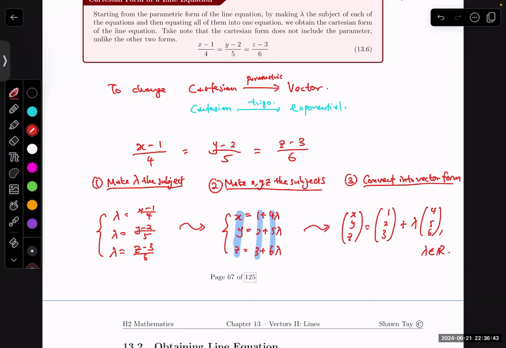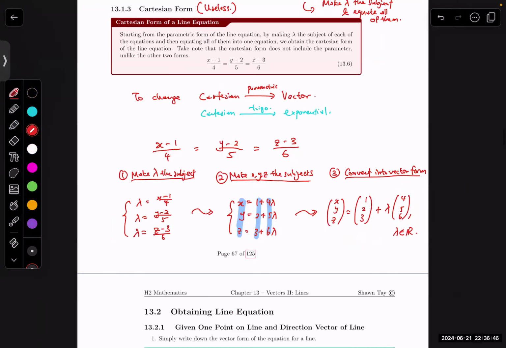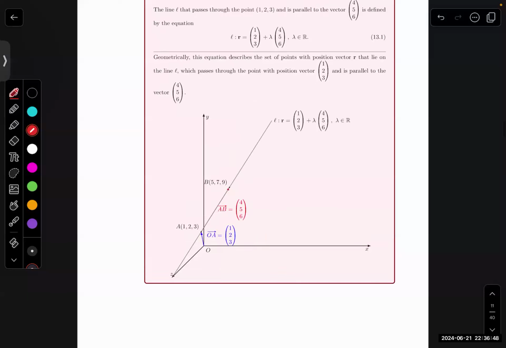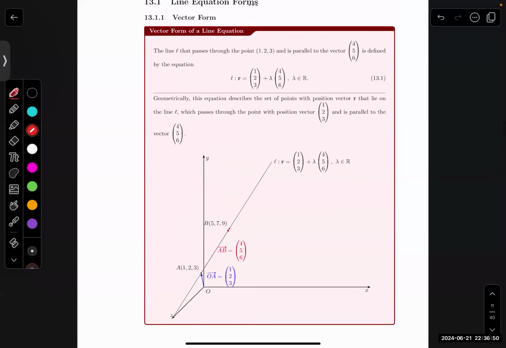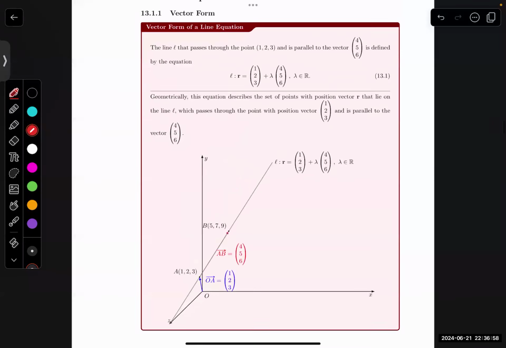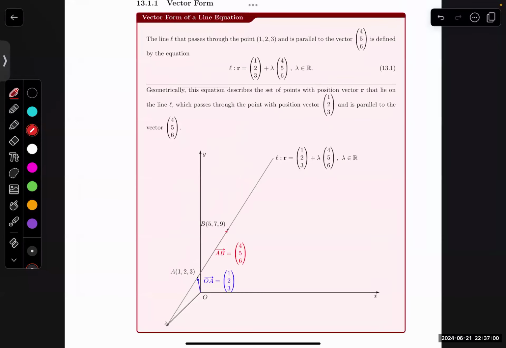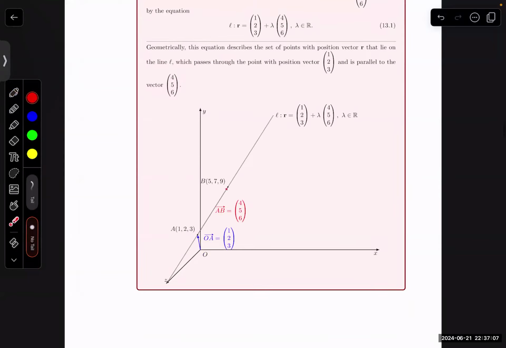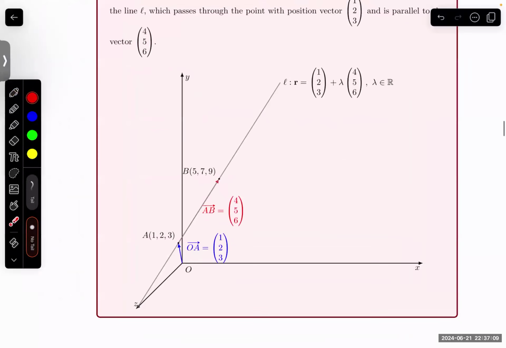This is quite important. Let me go back to here. I'll very quickly mention the way to think of your vector form of the line equation is that it tells us how to get to the line. See this line, I meant for it to be gray, pretty dark gray.